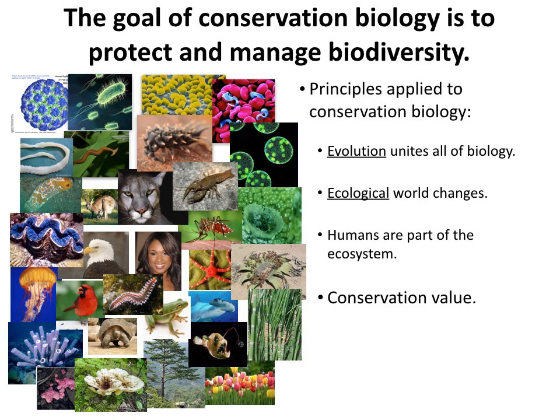One of the cool things about conservation biology is it ties together a lot of the principles you've been learning all semester. The goal of conservation biology is to protect and manage biodiversity. You have spent the past 6 weeks talking about what biodiversity is, and by now you probably recognize there are a lot of different ways to categorize it.